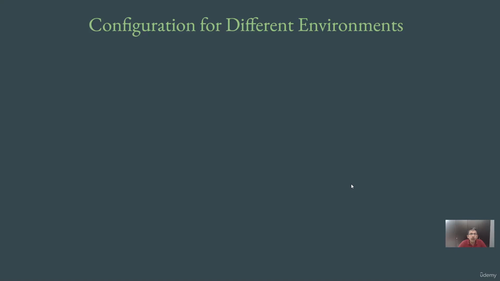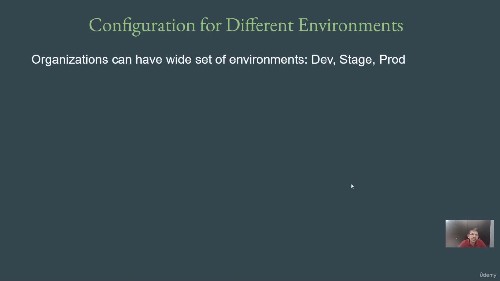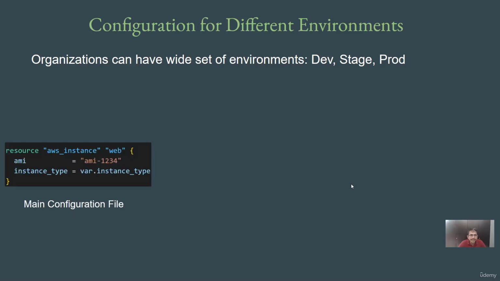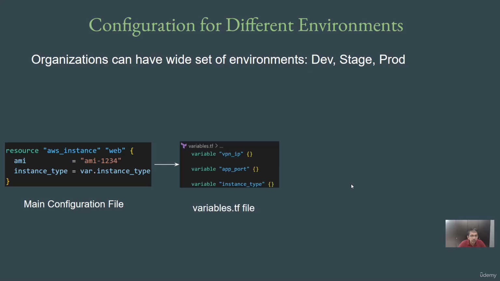Now let's look into how the terraform.tfvars file provides advantages specifically when you have multiple sets of environments. For example, an organization can have a wide set of environments. It can be development, staging, prod, and many others. So in such cases, you will have your main configuration file here. In the main configuration file, you will have some set of variables, whatever variables that you have defined.